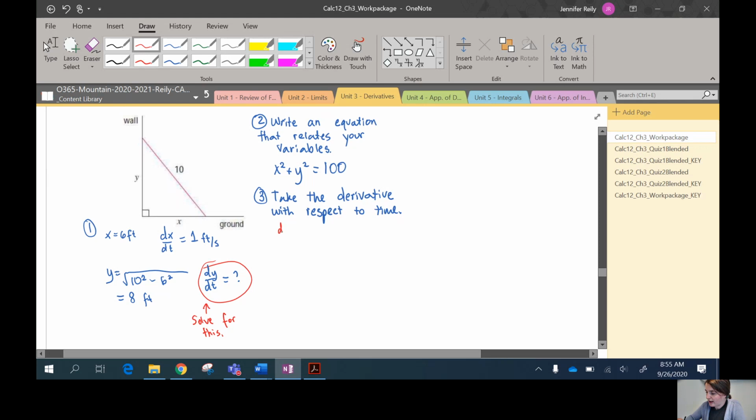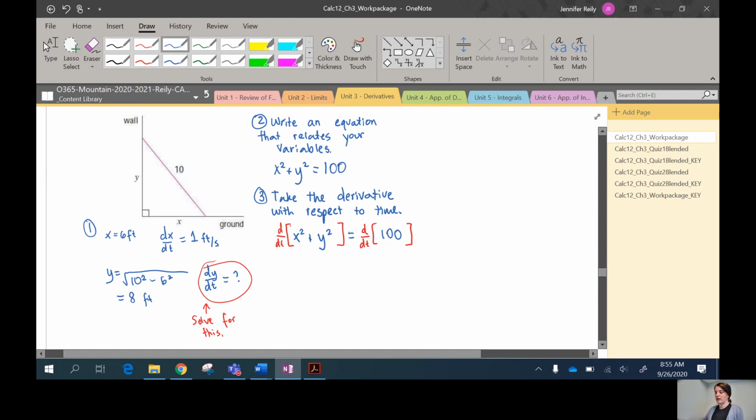Okay, so I'm going to use red to show that. So we want to take the derivative with respect to time of x squared plus y squared, and we want to take the derivative with respect to time of 100.